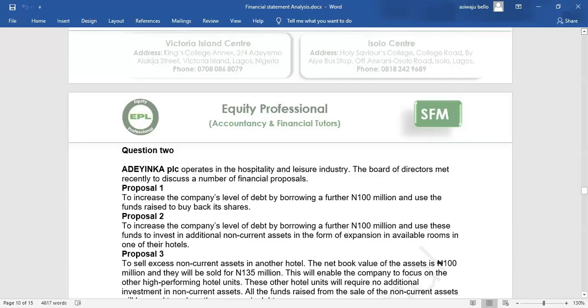We explained the different ratios: profitability ratios, liquidity ratios, financial risk ratios, and investors ratios. We also tried to explain the DuPont model.